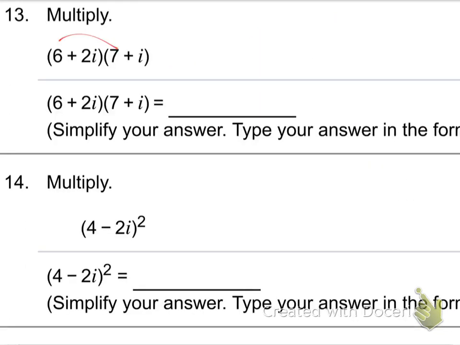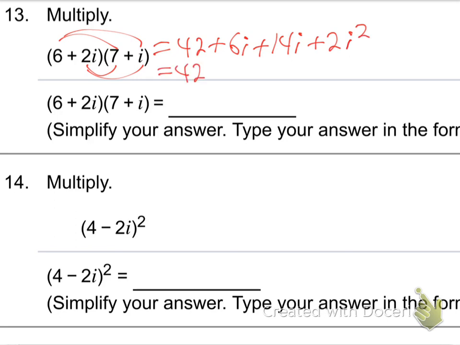I'm going to take this 6 and go to both. What do I get here? 42 plus 6i, and then this 2i goes to both, plus 14i plus 2i squared. So now the two in the middle are like terms, 6i and 14i makes 20i. And what do we always do with i squared? We never leave i squared.